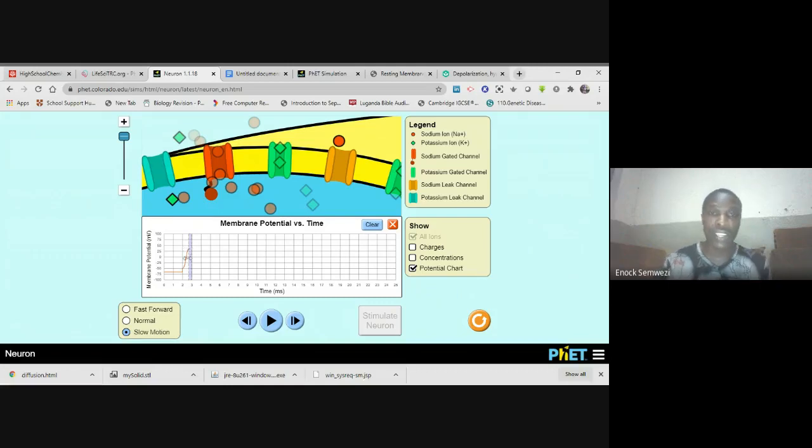So when you look at the graph and you see a rise, it indicates that there is an influx of the sodium ions inside before the opening of the potassium gated channels.